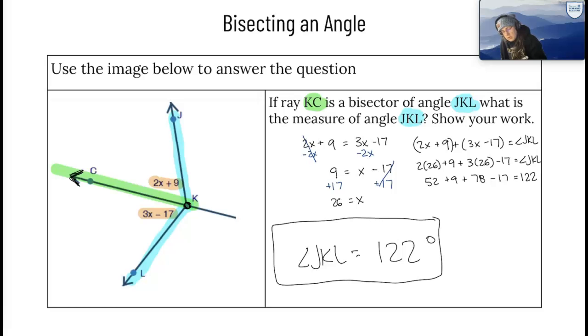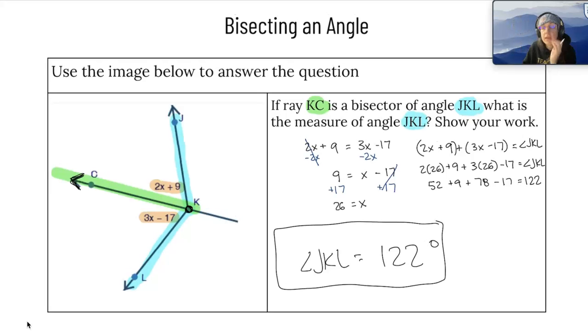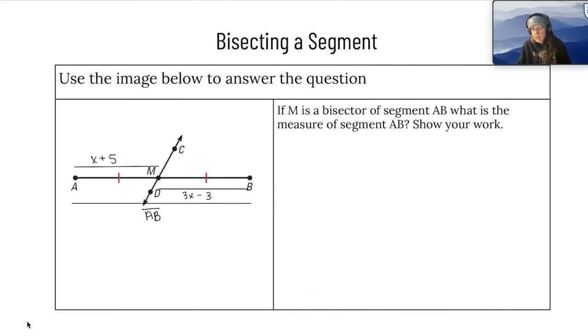Okay, we're going to go ahead and do the next problem really quickly, because it's getting long, but I don't want to make this two videos. Segment M is a bisector of segment AB. What is the measure of segment AB?